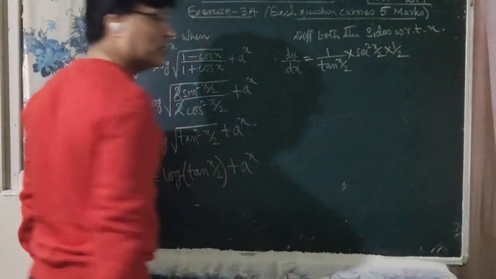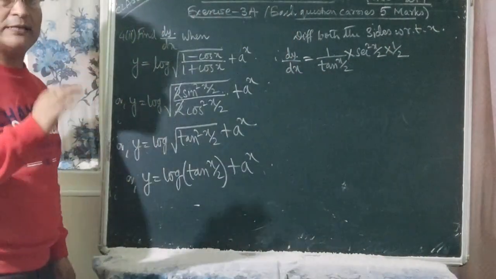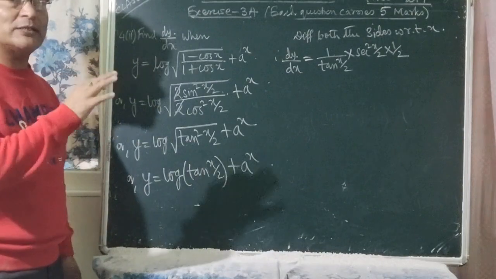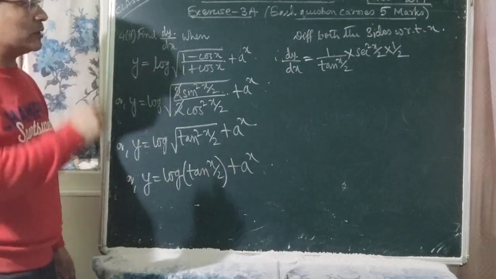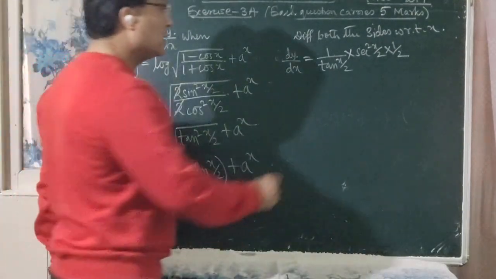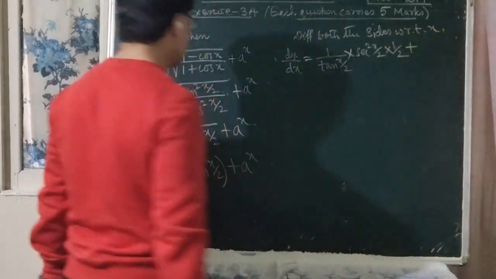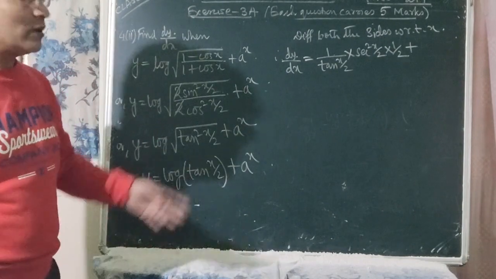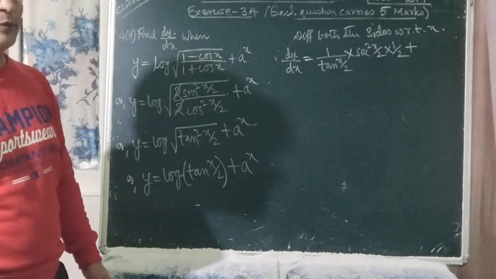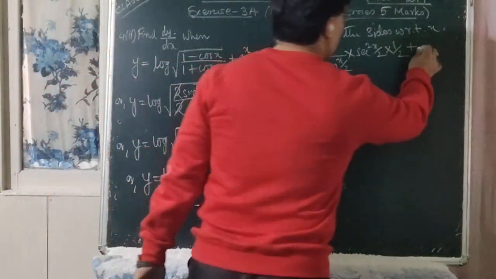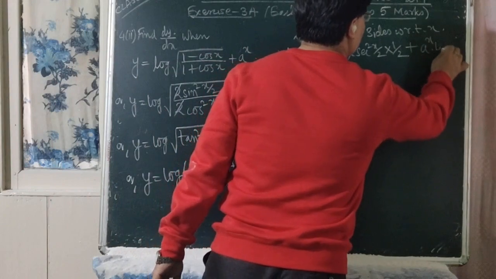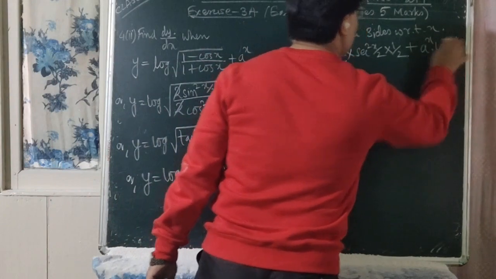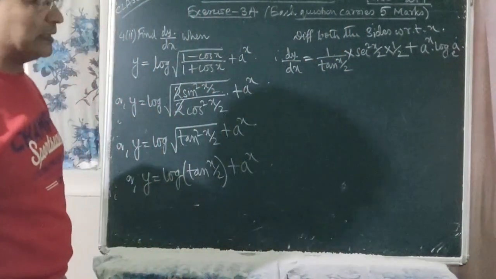Differentiation of x by 2 is half into d by dx of x. So half into, what is d by dx of x? That is 1. So it is only half. Plus, what is the differentiation of a to the power x? Now we have to differentiate a to the power x with respect to x. There is a direct formula for differentiation of a to the power x. That is a to the power x log a base e.